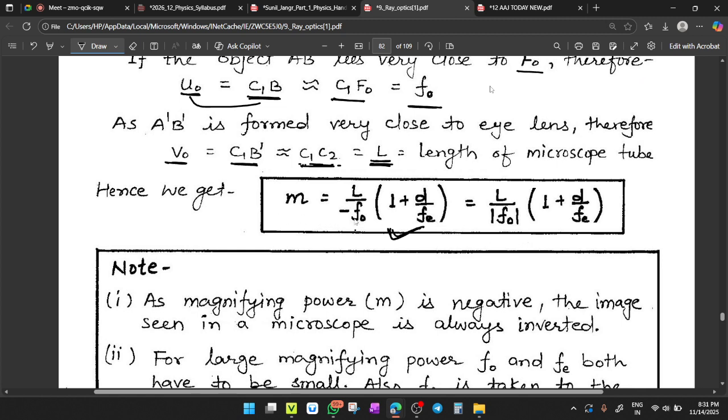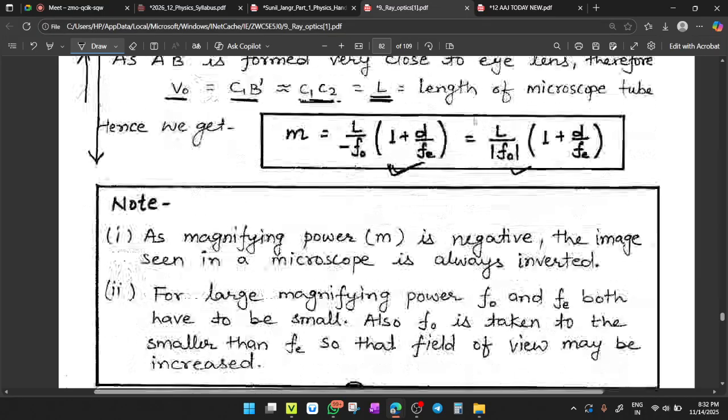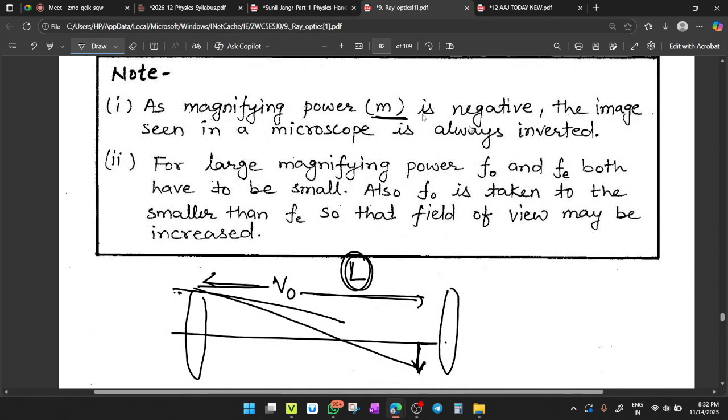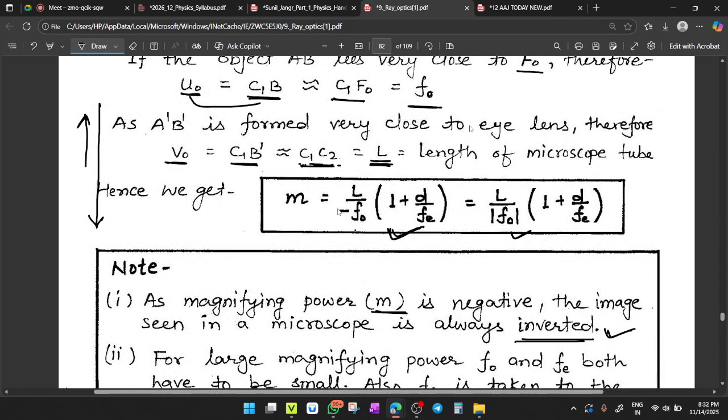This minus sign shows that the final image is inverted with respect to the object, and for the magnitude you can take L upon FO into (1 plus D by FE). As the magnifying power M is negative, the image seen in the microscope is always inverted. The negative sign means the final image you see in the eyepiece will be inverted.